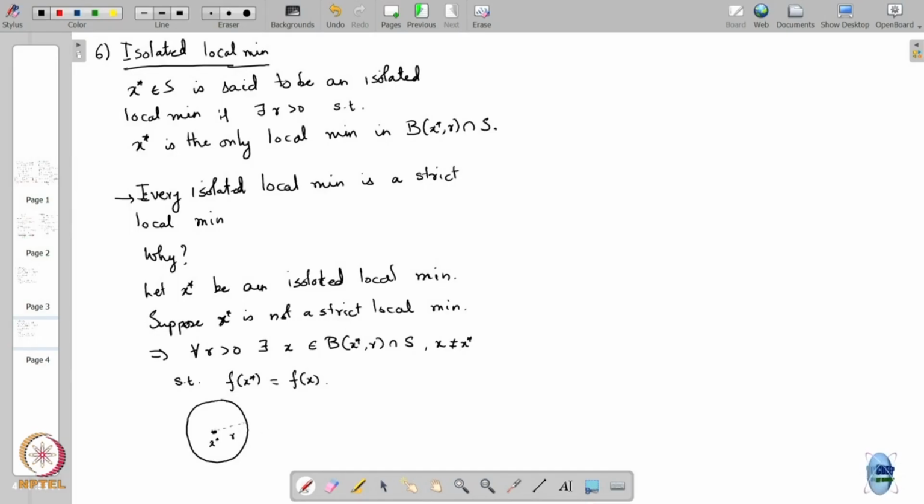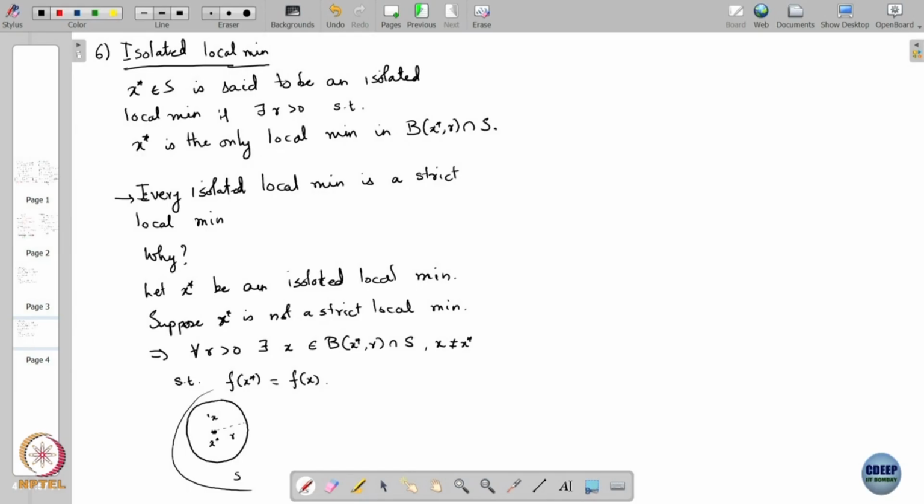Okay. And so, suppose here's my set S. Okay. And so, for every radius r, I can find a point x such that f of x star is equal to f of x, a point x in this ball, right. So, here's suppose a point x, that point x. Now, the value of f at this point x is equal to the value of f at x star.